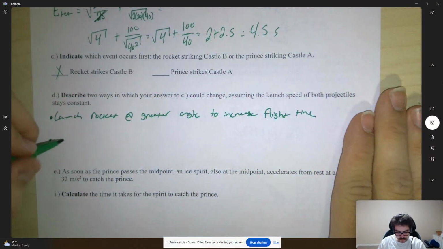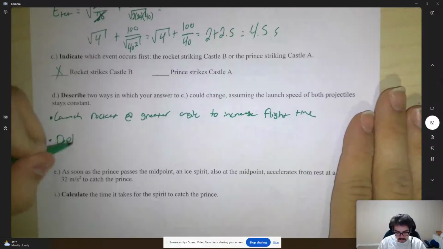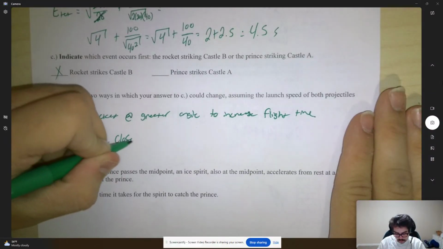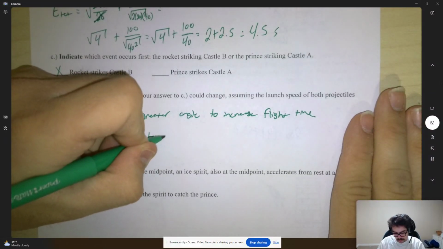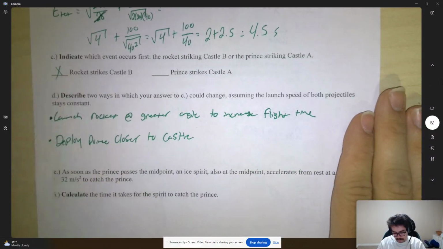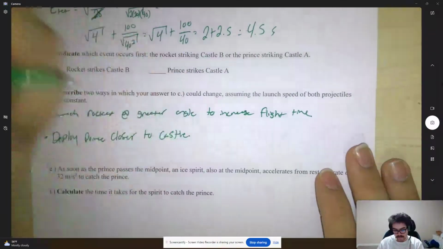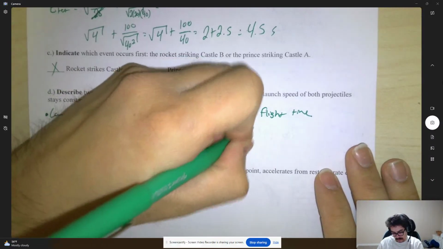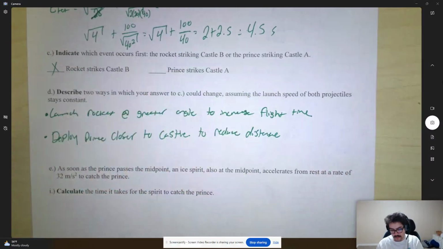I could deploy the prince closer to the castle to reduce distance.